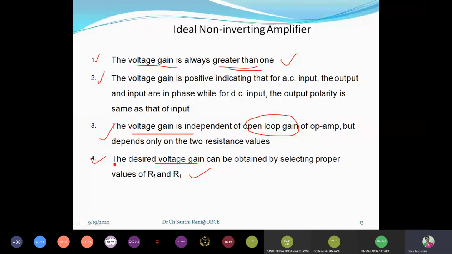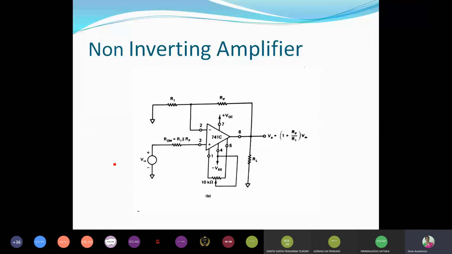All this of course we have discussed lightly in the previous class. Today we are going to learn about the inverting amplifier used as a summing amplifier, right? So actually we have talked about only a single input so far. We will see the summing amplifier today.